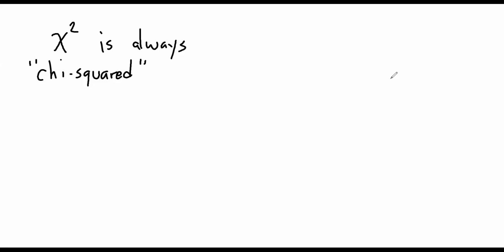Now you might be thinking, why didn't I just say positive? Because honestly, positive and non-negative are not synonymous. They're almost the same. The only difference between positive and non-negative is that non-negative means positive or 0, whereas positive means greater than 0.